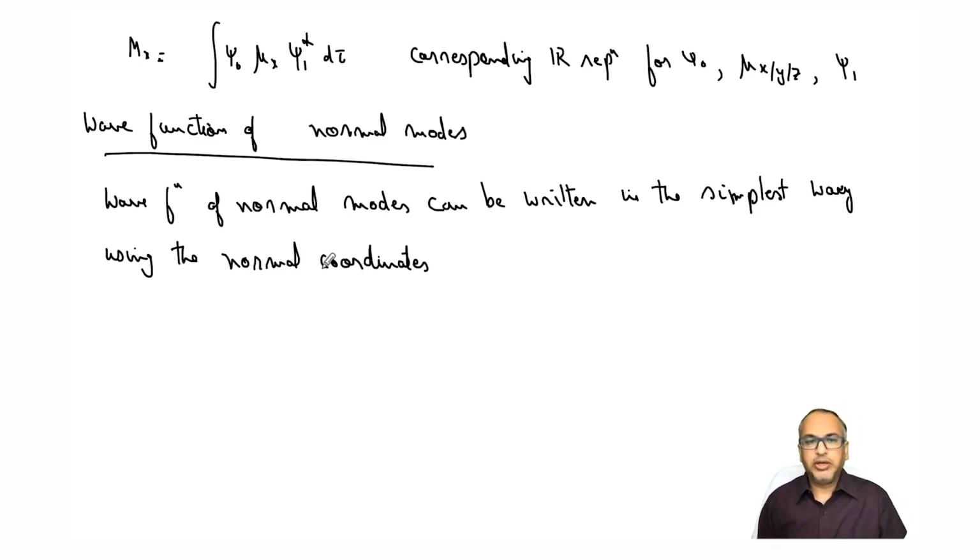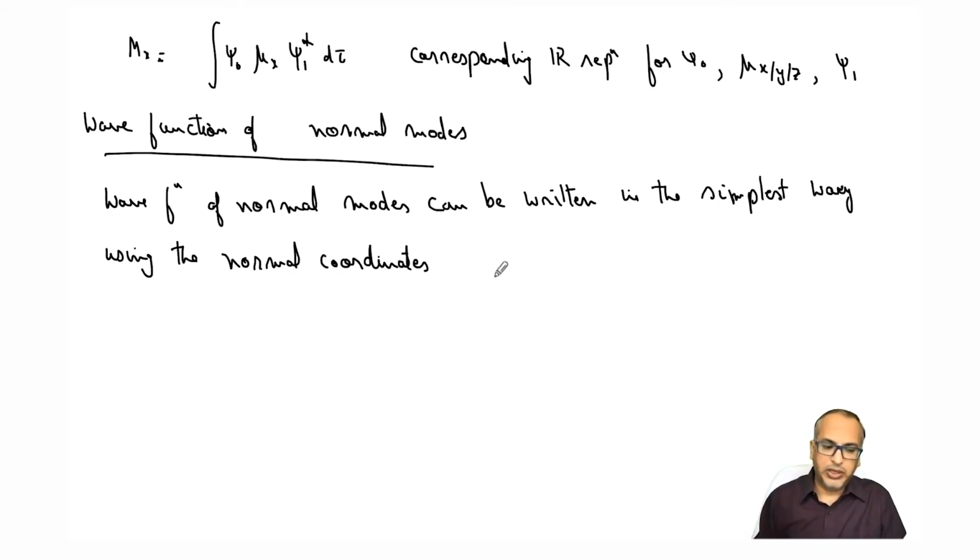If we know the symmetry of the normal coordinates, we can back calculate the symmetry of the wave function, right? That means we should know the symmetry of the normal mode, and correspondingly the symmetry of the normal coordinate can be predicted, and from there the symmetry of the wave function can be predicted.